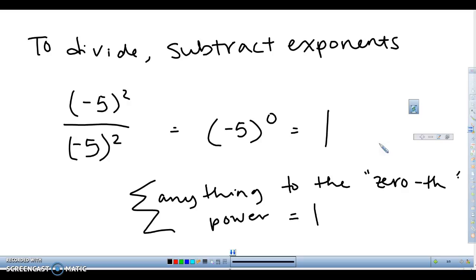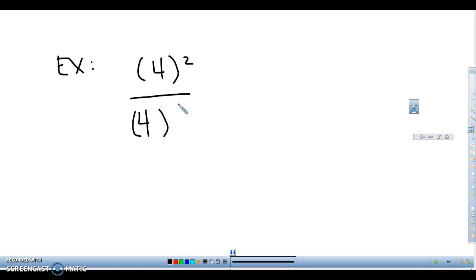Okay, so let's try another example of this. Let's say we have 4 squared over 4 to the 4th. I have to have that same base. That's important. So I keep that base.